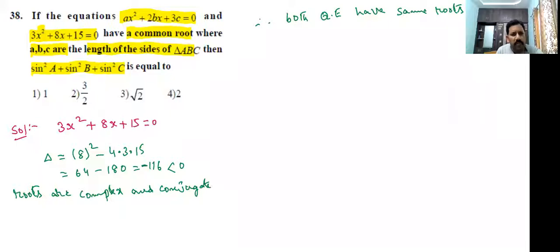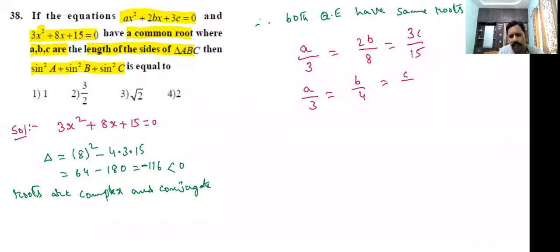Now the ratio of the coefficients: the x square coefficient of the second quadratic equation is 3, so a by 3, equal to 2b by 8, equal to c by 15. These are equal. Now see, a by 3, here b by 4, here c by 15, that is c by 5.